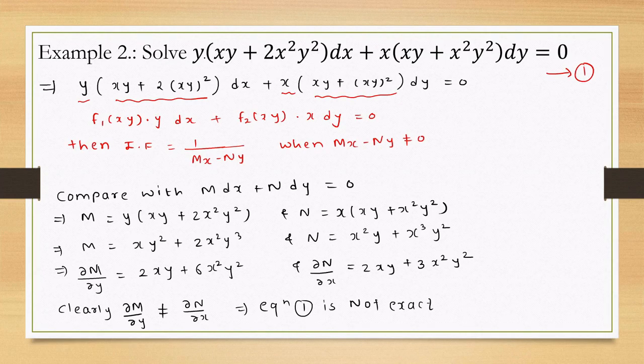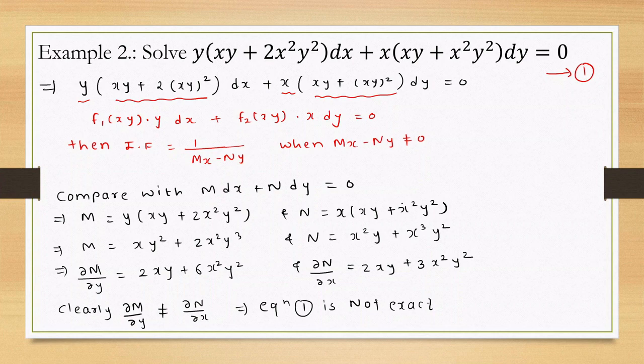So therefore integrating factor is equal to 1 upon Mx minus Ny. So 1 upon what is Mx? What is M here? M is this and N is this.